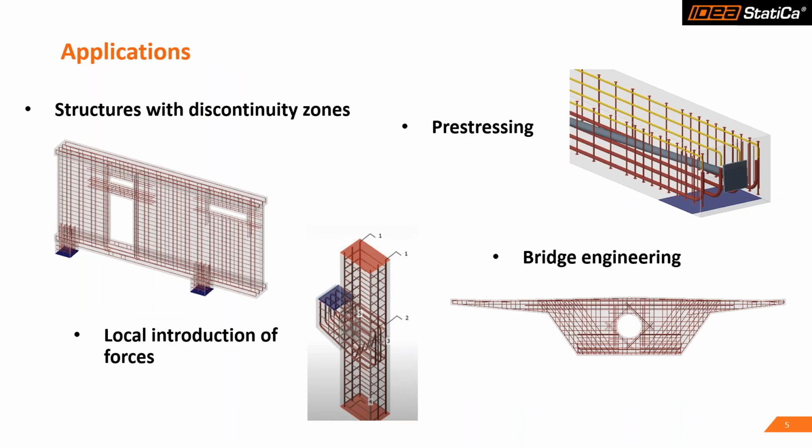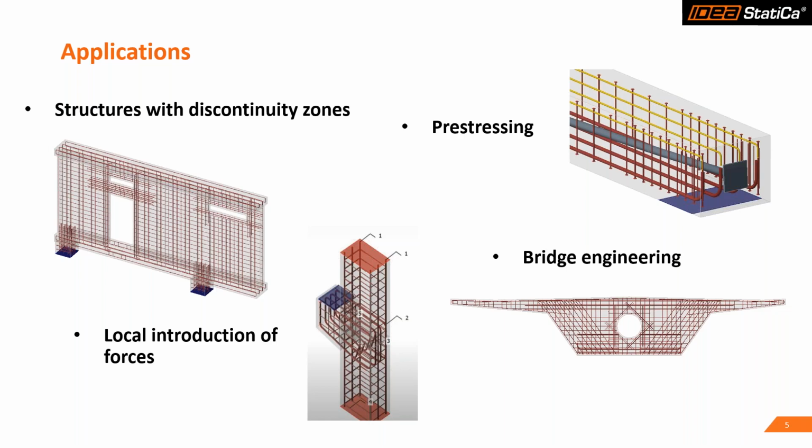All the structures where the geometry is a bit challenging. We call them discontinuity zones, like openings, etc. If you have local introduction of forces, for example, consoles, this is also very interesting. Prestressing, for today, we have a very interesting example with a pretension prefabricated beam.